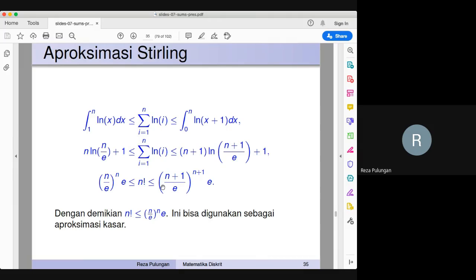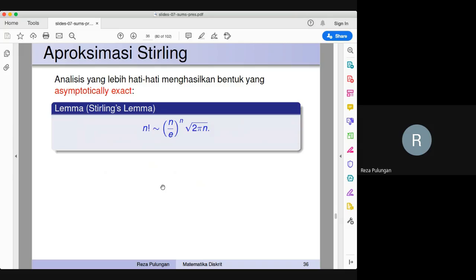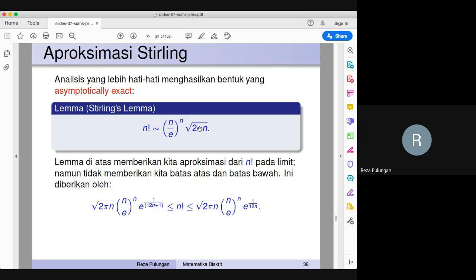But still, this is actually a very rough approximation. There is someone called Stirling, and Stirling has this lemma. He could prove that n factorial is asymptotically equal to n divided by e to the power of n, multiplied by the square root of 2 pi n.